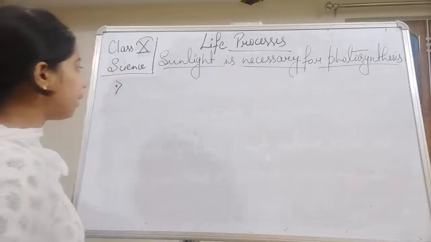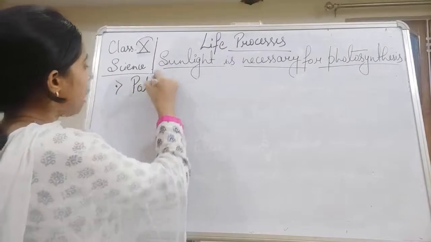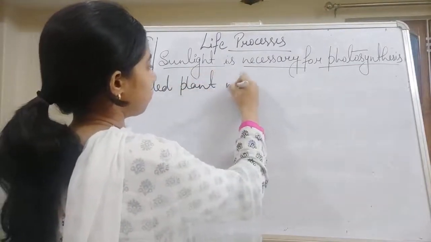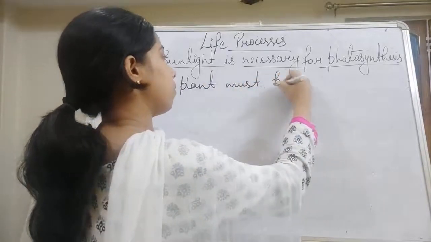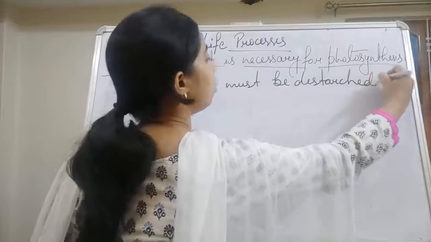So the first point that we can write is: for that potted plant, de-starch. How?